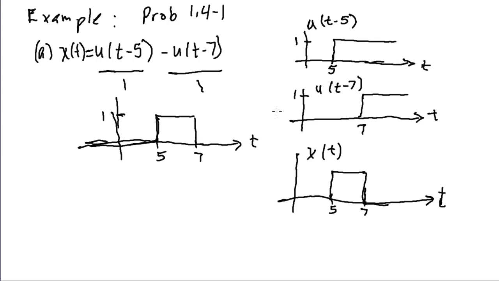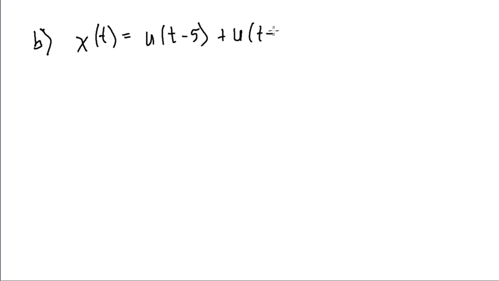Okay. Let's take a look at part B here, where they ask us to sketch a similar problem. Again, I'll call the result x(t). But now we're going to add these same two components actually: u(t-5) plus u(t-7). Again, just a quick sketch.